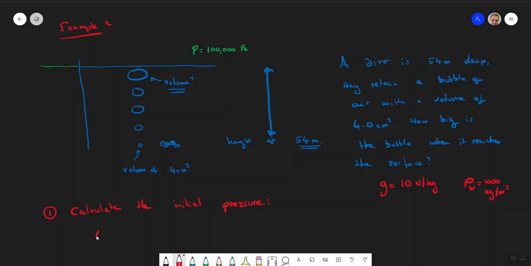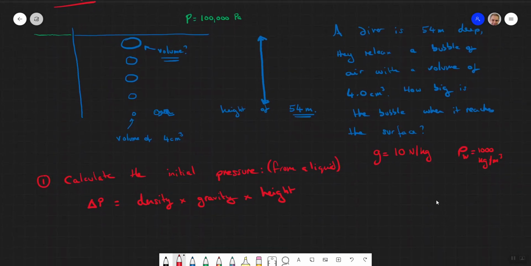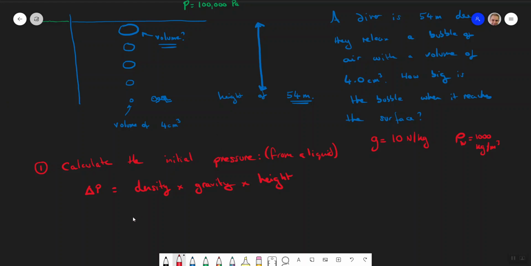So the change in pressure from a liquid is density times gravity times height, and the information that we've got here is that density is 1,000 times gravity, which is 10, times height, which is 54.